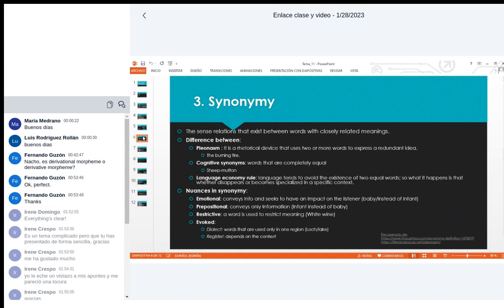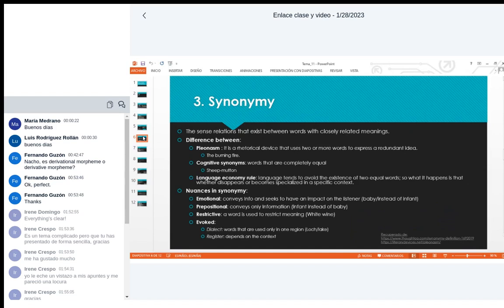So again, it's just words that are used next to other words which already imply that meaning. When we refer to fire, fire is already burning. So we don't need any other word to explain that the fire is burning. But in this case, we use the word burning to emphasize that there is a fire that is burning.